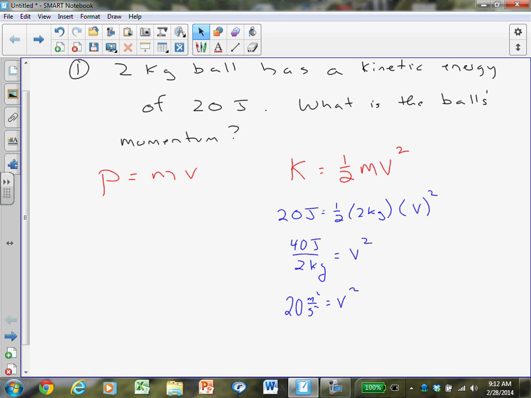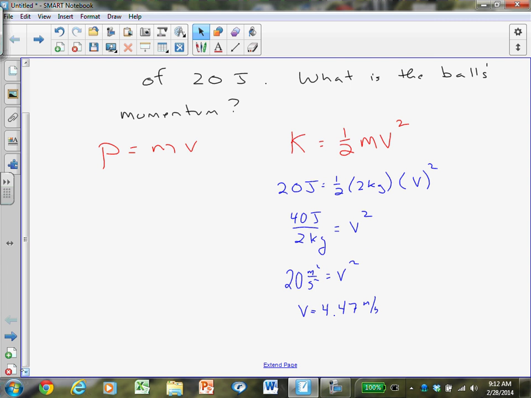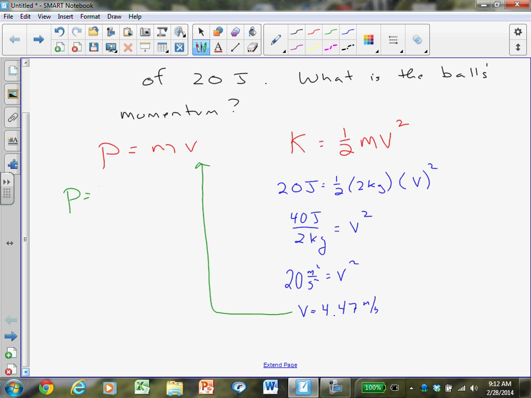And the square root of 20, 4.47 meters per second. So I found my velocity from the kinetic energy equation. Now what do I do? So we'll take it and put it up here, right? So P equals 2 kilograms times 4.47 meters per second.